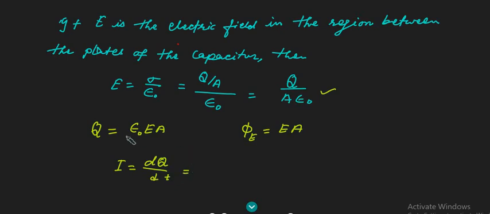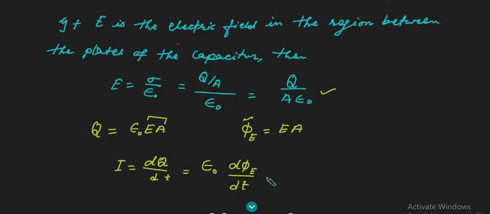Put the value of Q here. Epsilon naught is constant, keep it separately. And E into A is phi, so d phi, the electric flux, upon dt.